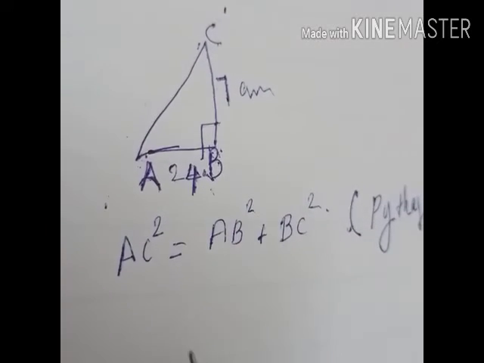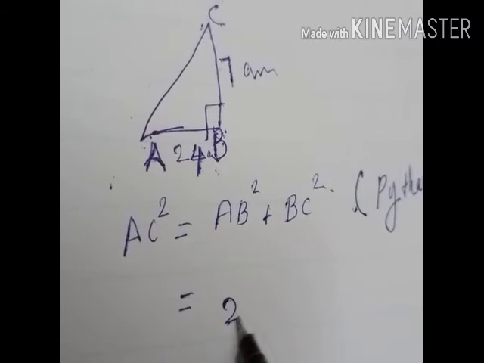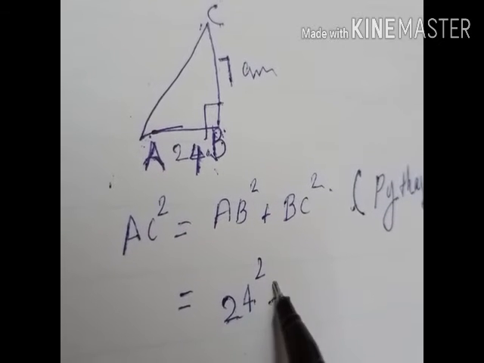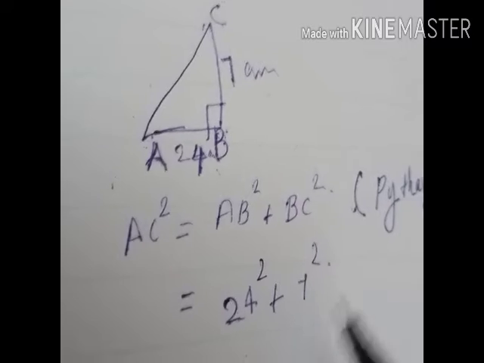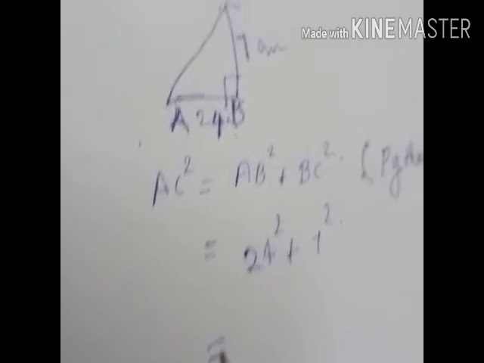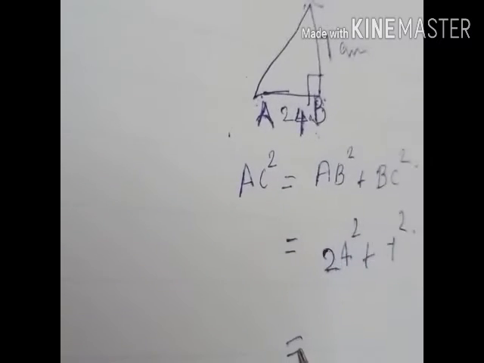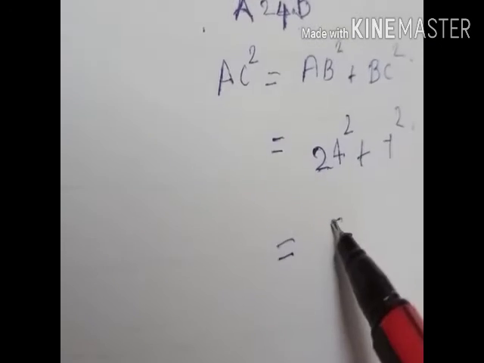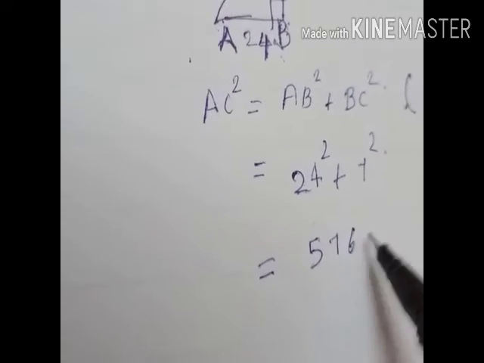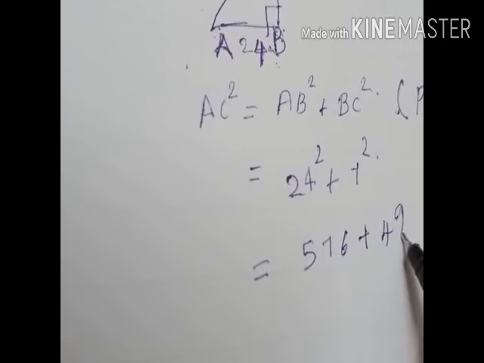Then we can substitute the values: 24 square plus 7 square. What is 24 square? 24 into 24 is 576. Plus 7 square is 49.